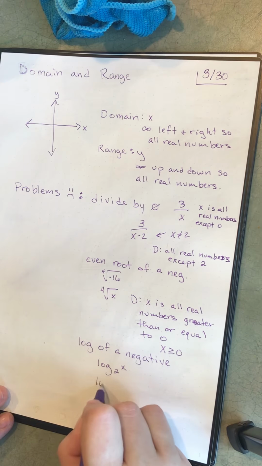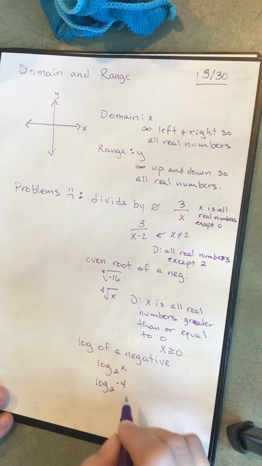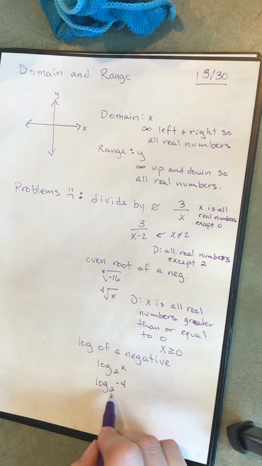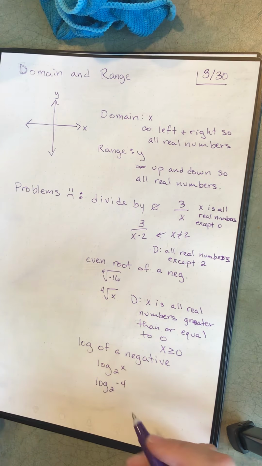Let's say we have log base 2 of negative 4. There's no power of 2 that can create negative 4, so that's not possible. That's where we run into a problem.